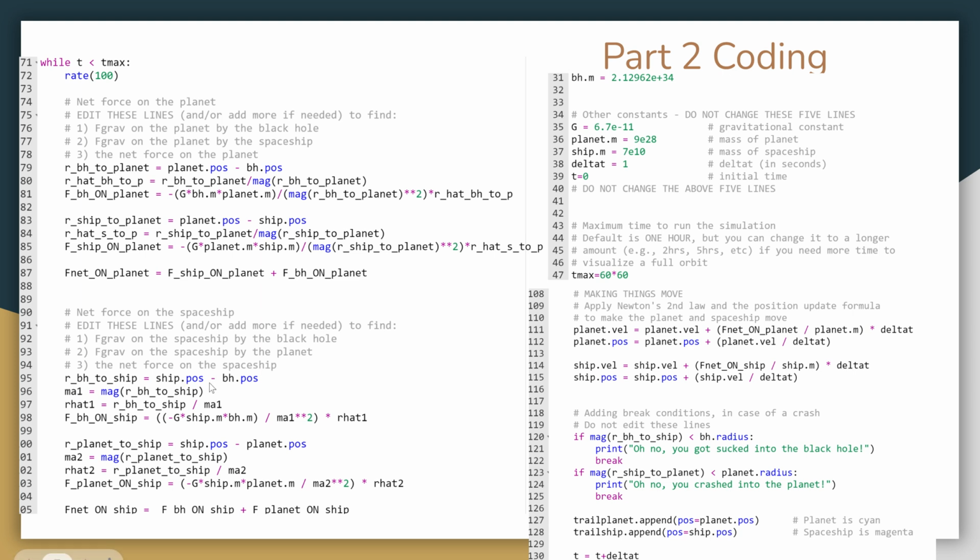And then I jumped into finding F grav on ship by black hole and F grav on ship by planet. And then adding those two components gives me net force on ship. And then I move on to using Newton's second law formula, which is the velocity and position formula, to update planet velocity, planet position, ship velocity, and ship position.